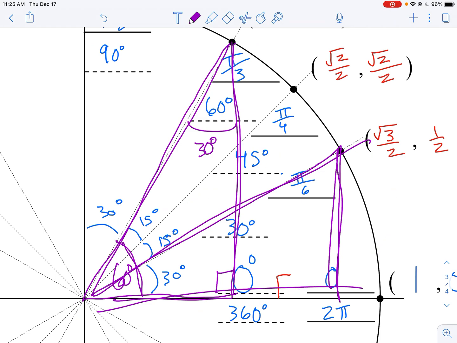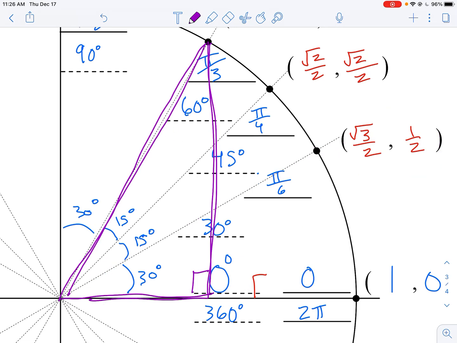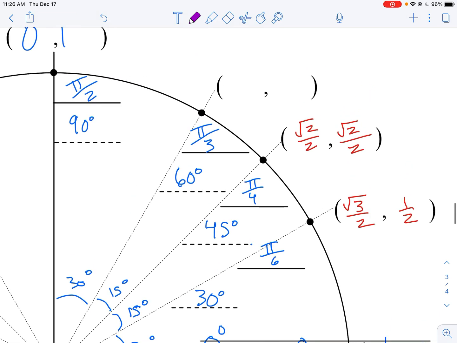Well, it's just a matter of reversing the coordinates. So this used to be 60, and that was 30. Now we have an angle down here that's 60, and the angle up here is going to be 30. So when you reverse those, you just take your coordinates and reverse them to get your coordinates for this 60-degree angle. So I'm going to write 1/2 and square root of 3 over 2.